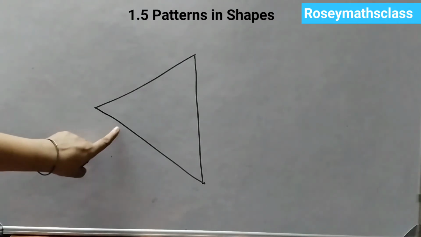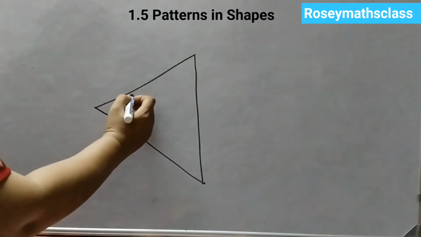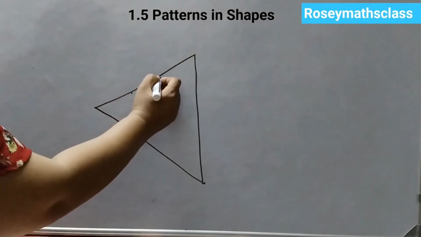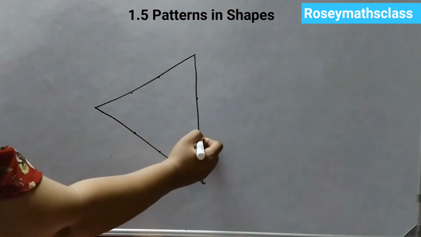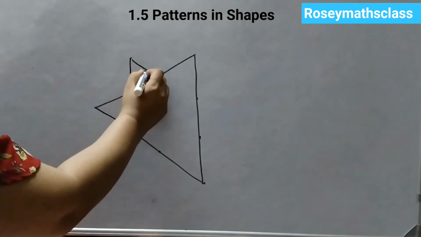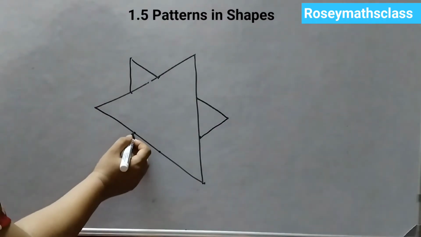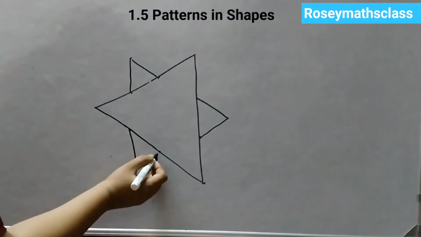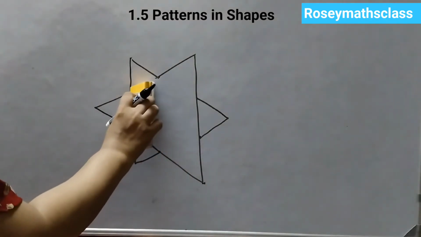Next, what you have to do is you need to draw the same thing and then make some changes. Divide this into 3 equal parts. Okay, and then draw triangles here. So this is your second figure as given in your textbook.